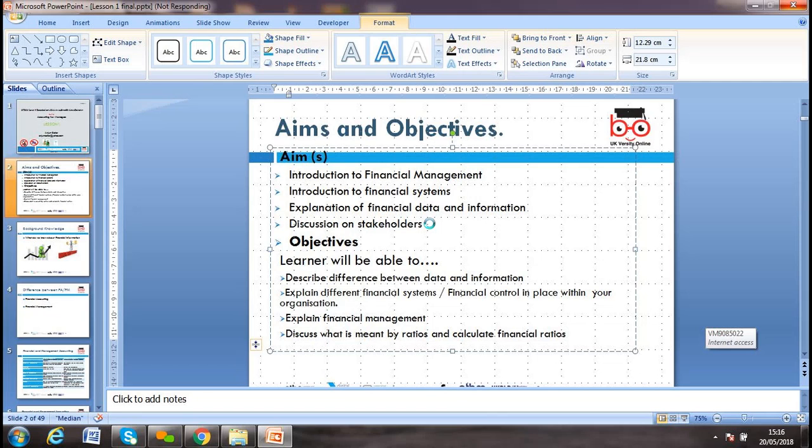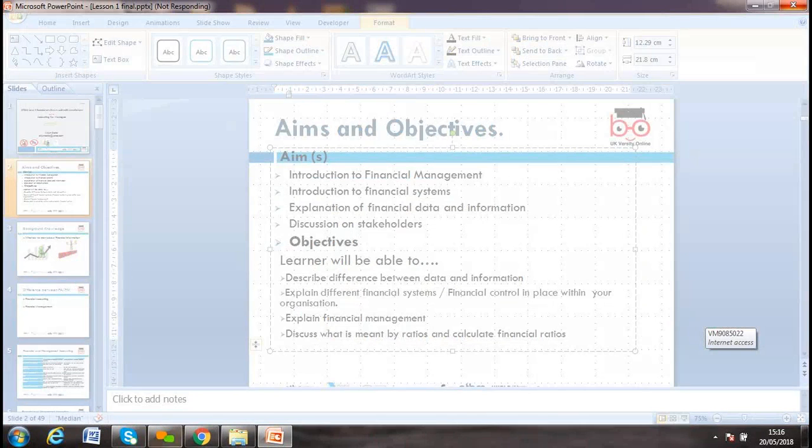Stake means a part of a business, so we call them stakeholders. Okay, so we'll go through this now.